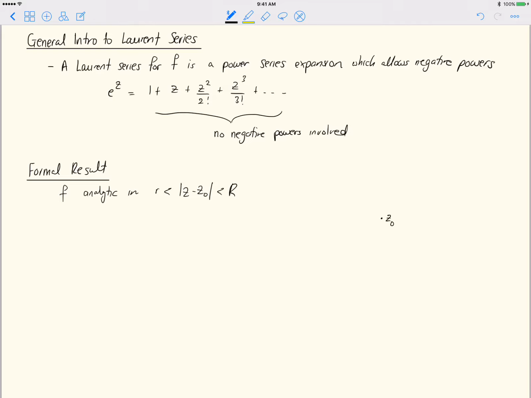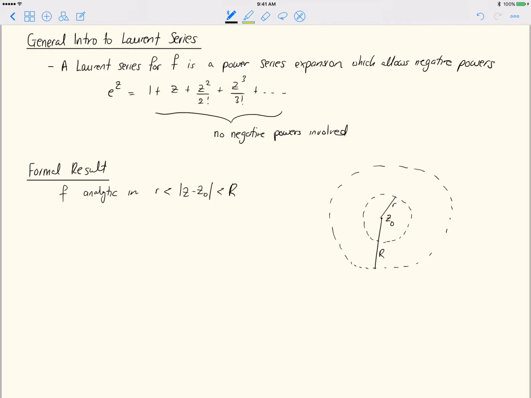I'll explain what that means later on. Anyway, you have a point z0, and around z0 there's a circle of radius little r, and then there's also a circle of bigger radius, which I'll call capital R. So this distance here is capital R.